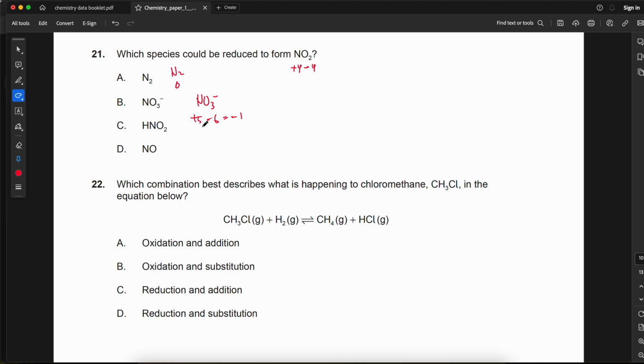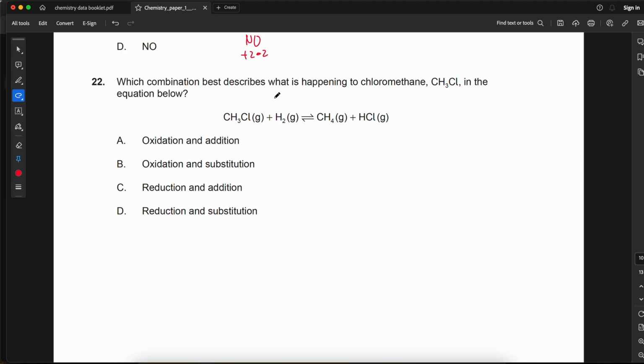So +5 to +4 is a reduction. For HNO2, O is -4, H is +1, so N would be +3, oxidation. And for NO, it is -2, so N is +2, oxidation as well.